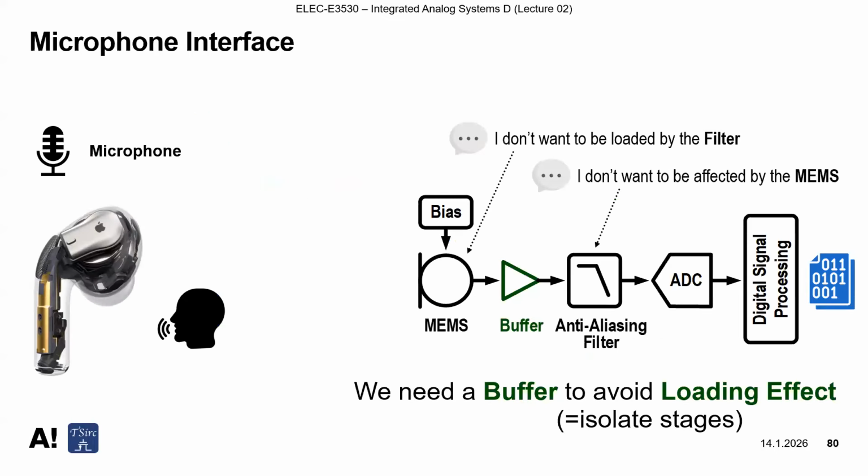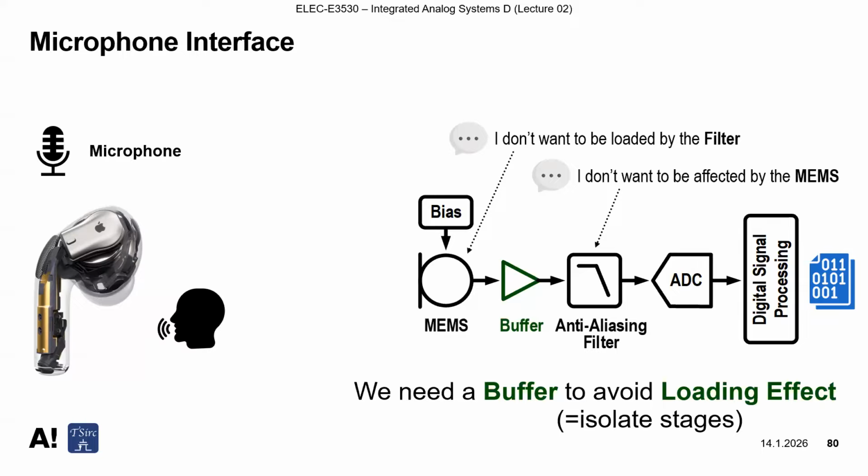So this is the reason why I mentioned at the beginning of our previous lecture that we need some sort of buffer for the microphone interface. We need a buffer to avoid loading impact, to isolate stages. In the MEMS microphone case, this is a micro-electro-mechanical component, followed by the anti-aliasing filter that we studied previously.